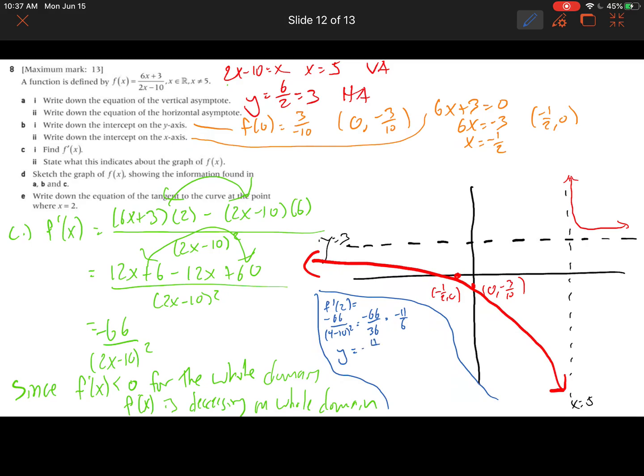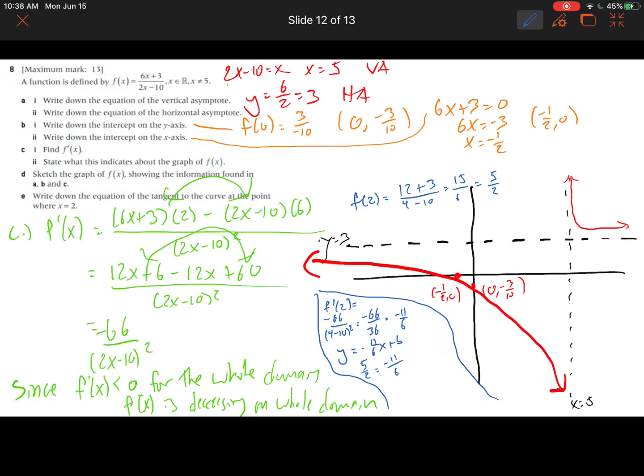So we have y equals negative 11/6 x plus b. And in order to figure out what b is, we also need to figure out what is f of 2. So f of 2 is equal to 12 plus 3 over 4 minus 10, which is 15 sixths, divide both by 3, that's 5 halves.